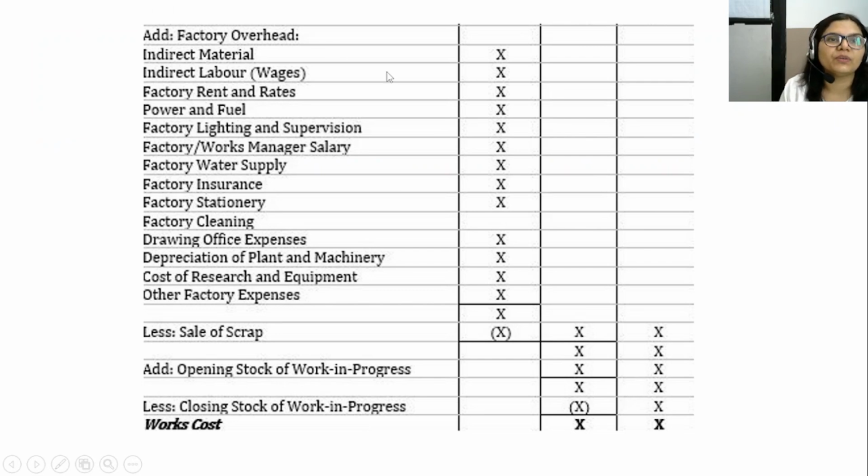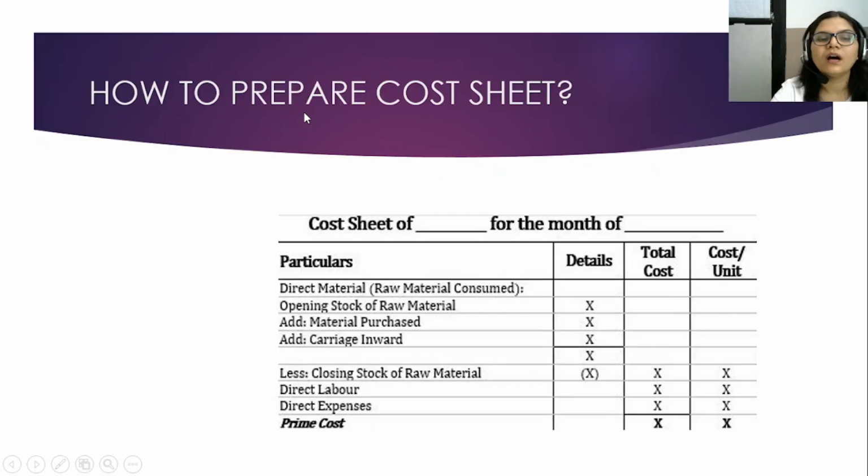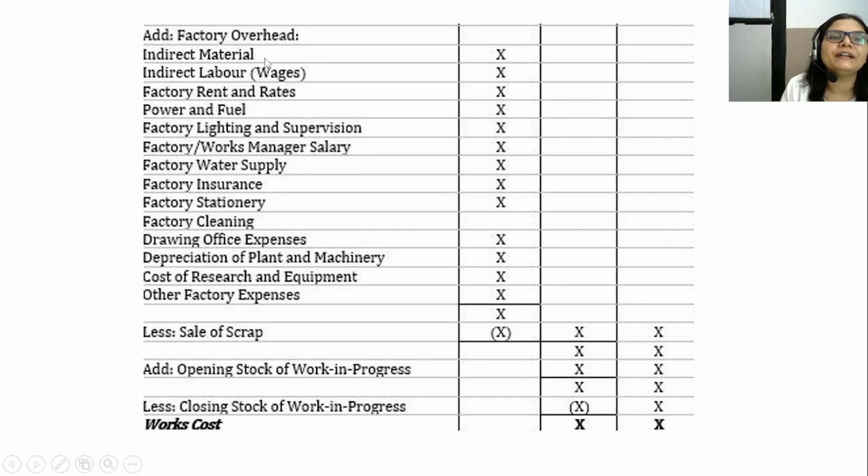Next is factory overhead. After calculating the prime cost, we will identify what are the factory overheads, what are the expenses which can be included in the factory overheads.